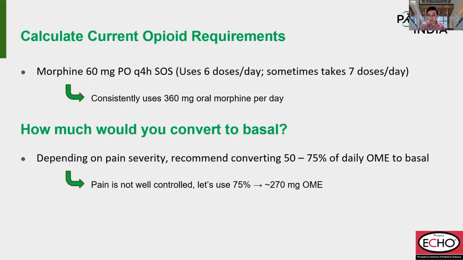Looking at their pain severity, you can recommend anywhere from 50 to 75% of this daily oral morphine equivalent use to basal. In this case, the patient's pain is not well controlled at all. It's 9 out of 10, and the lowest it gets is 7. So let's use that 75%. If we do that, we anticipate we'll want to move 270 milligrams of oral morphine equivalents into this methadone.